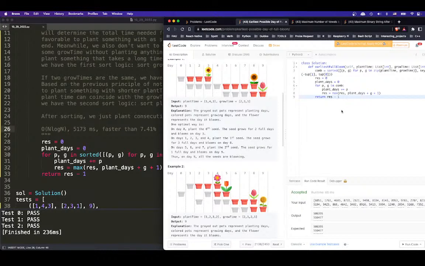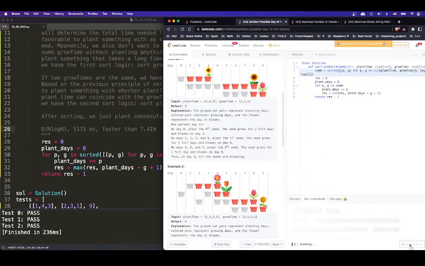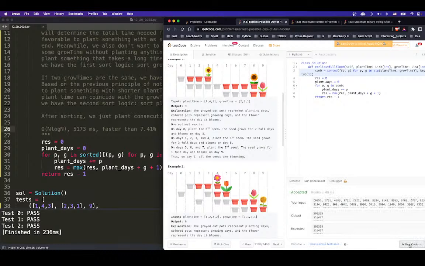Really? You're saying we only sort one of them. We don't sort both. Huh. We only need to sort. Let me think.